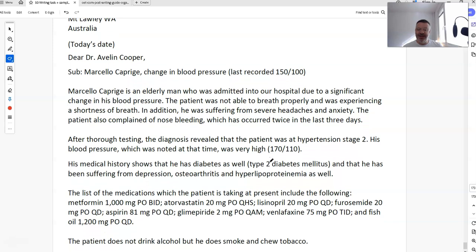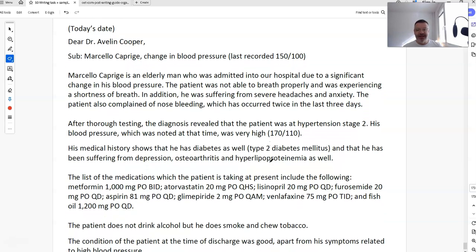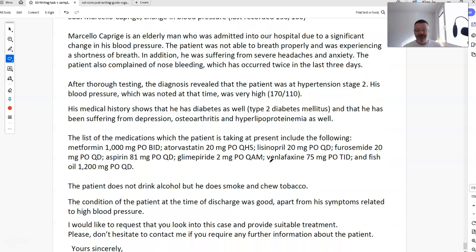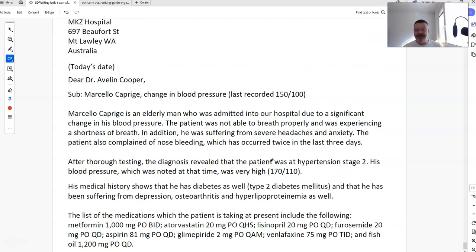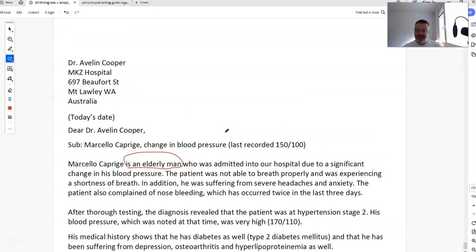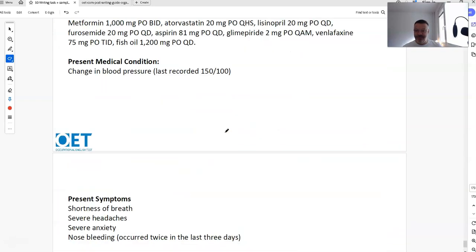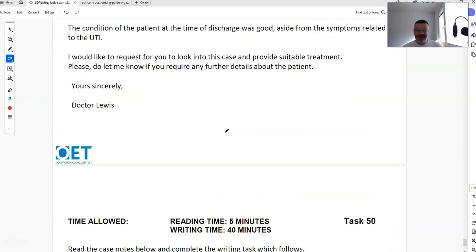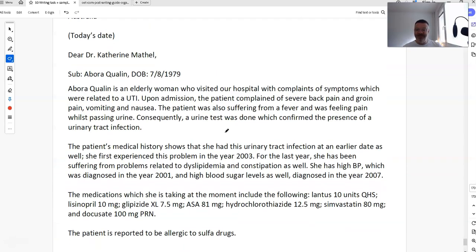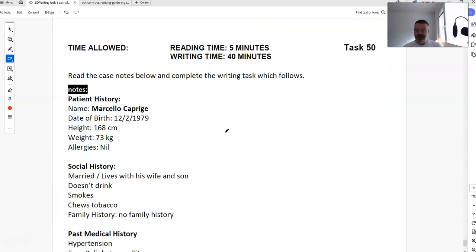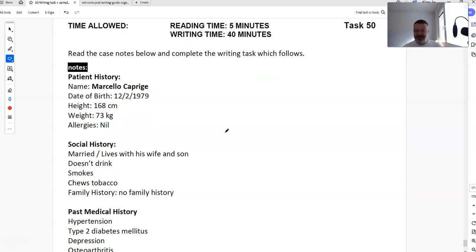Now, the first thing, again, as I've said before, you need to be very careful with the samples that you get on the internet, because this one here says an elderly man, and he was born in 1979. Let's have a look. If he's elderly, I must be positively ancient then, as I was born in 66.